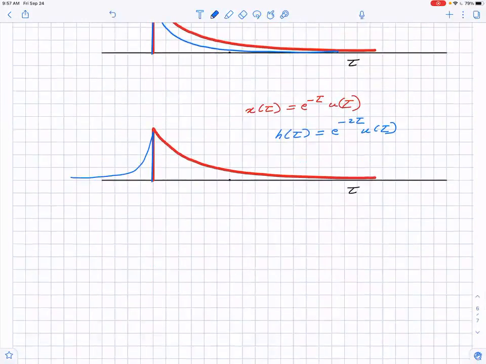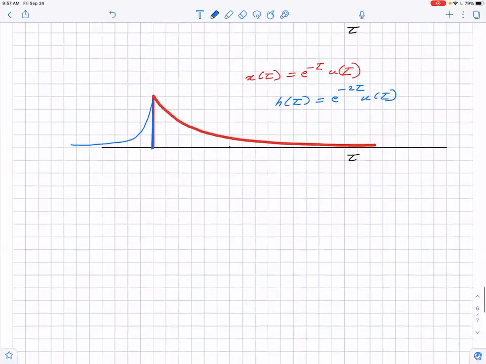And the third step in convolution is shift h of negative tau. So right now what we have is h of minus tau and x of tau. Now what we're going to do is apply a shift to h of minus tau.